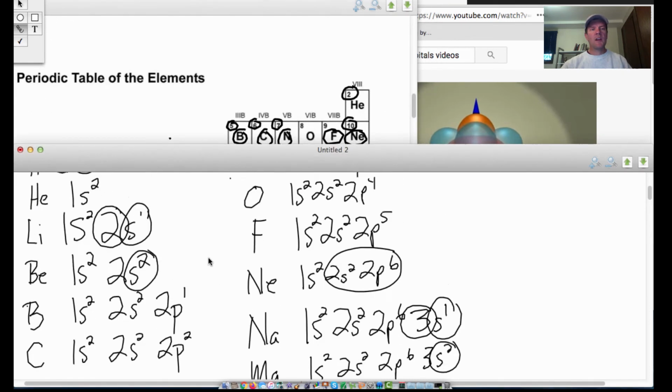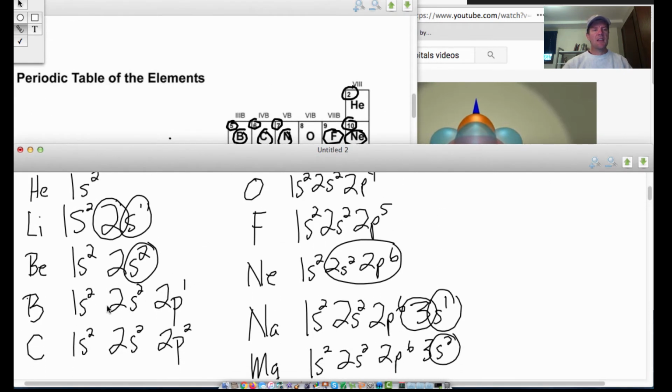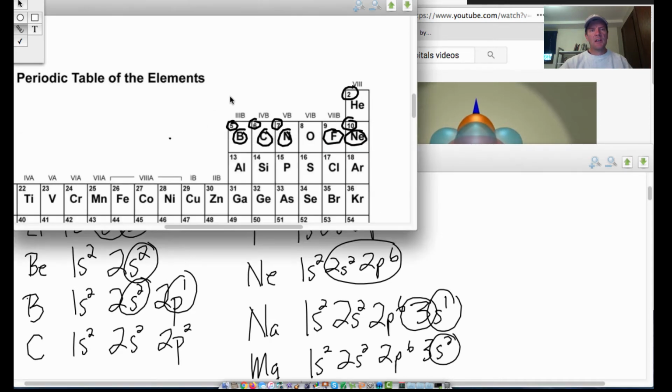Boron ends as s2p1, or you could just say it ends in p1, okay? But I'm going to put s2p1. It has three valence electrons, three electrons in the outermost energy level. So this group here is always going to end in s2p1.